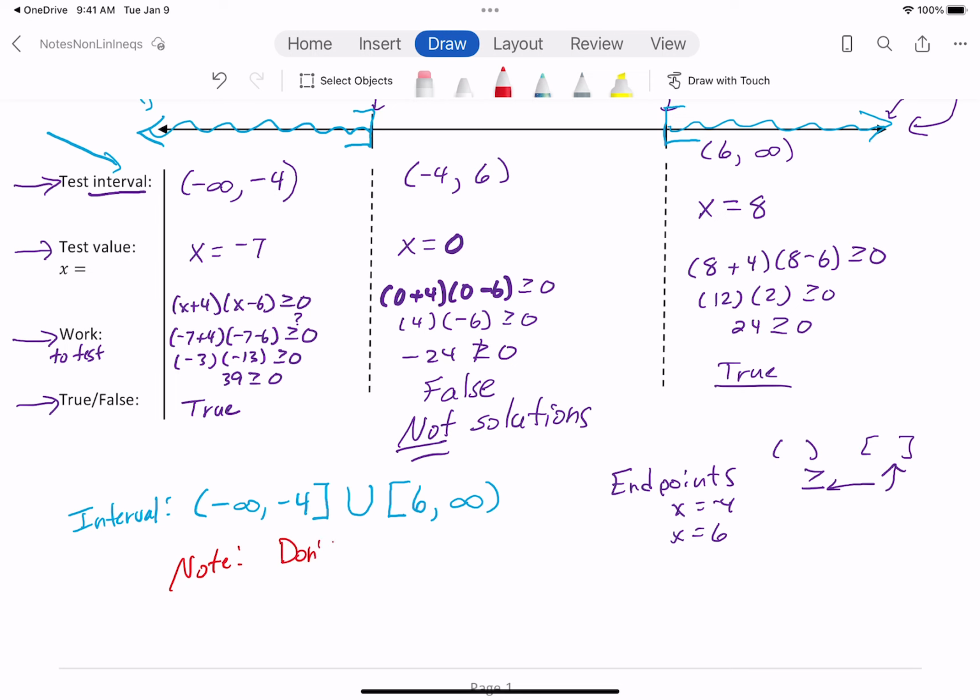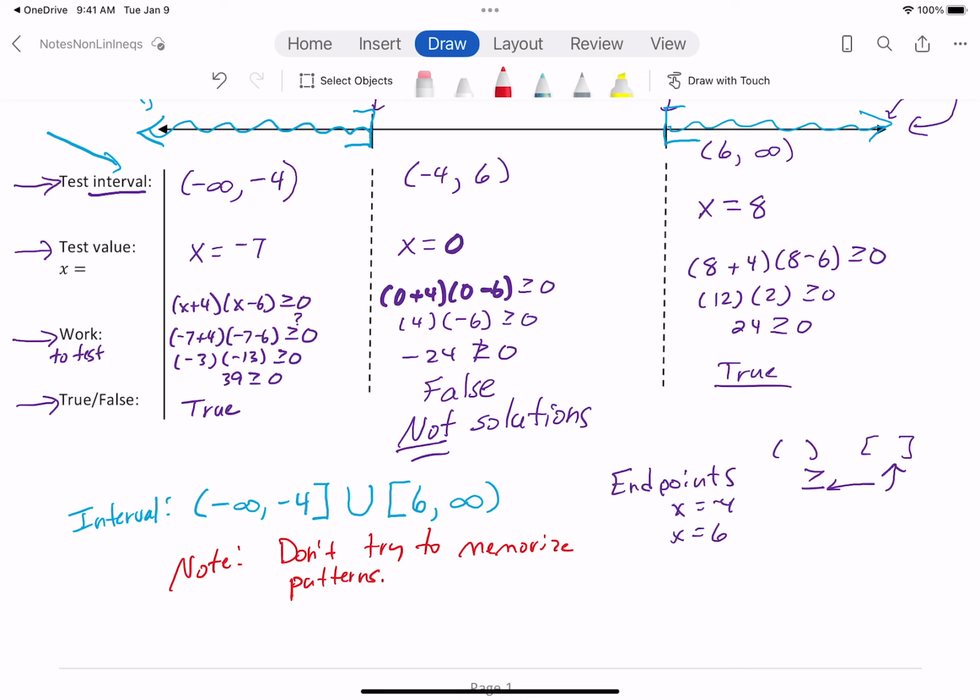Don't try to memorize patterns. When we did linear inequalities, they were a little simpler: if it is a less than, it was going to shade to the left, and if it was a greater than, it would shade to the right.